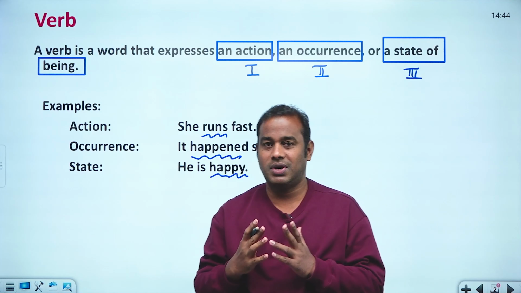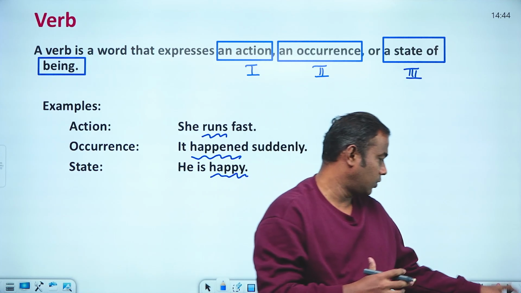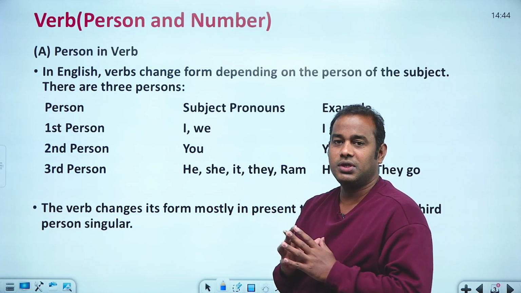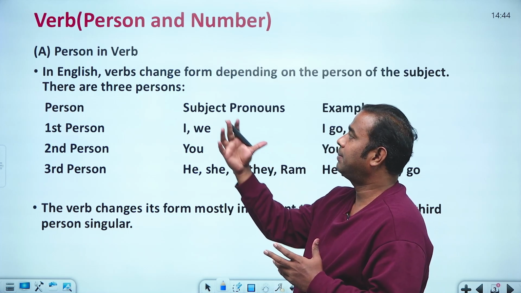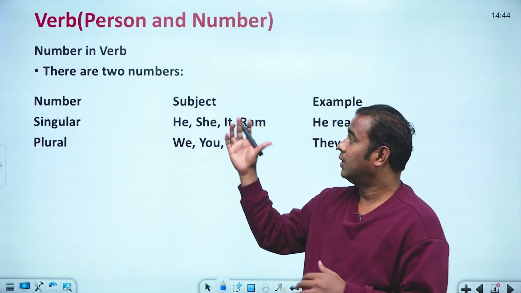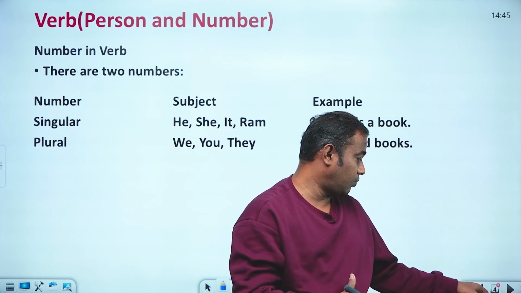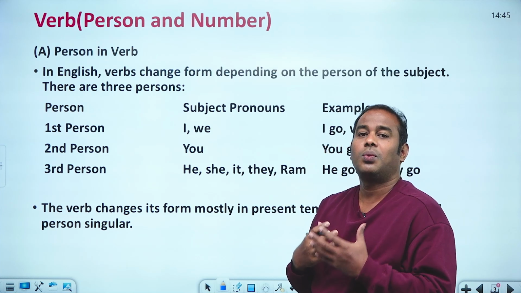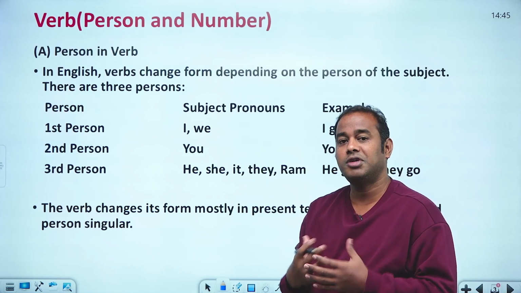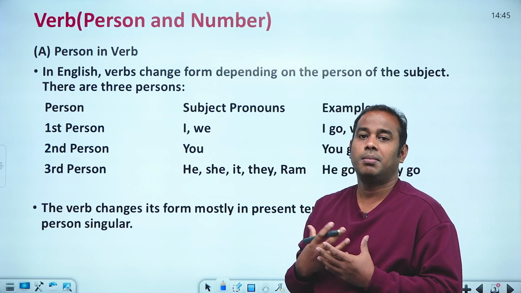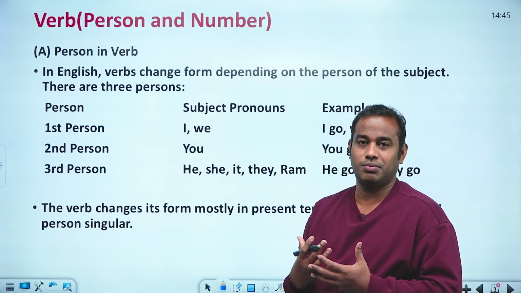But what is the main difference here? The main difference is when you are using the verb with a person and also with a number. When we use this, we need to mind whether we are using the verb for a singular noun or a plural noun, maybe one person or more than one person.